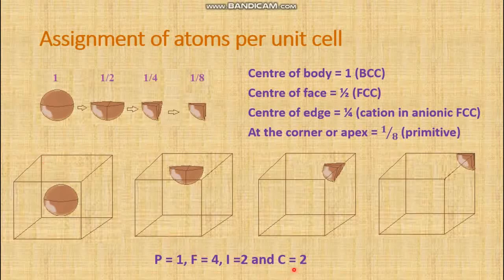In the case of C-face centered space lattice, 1 is contributed from the vertices and half is contributed from the top face, while the other half is contributed from the bottom face. That is 1 plus 1 equals 2.